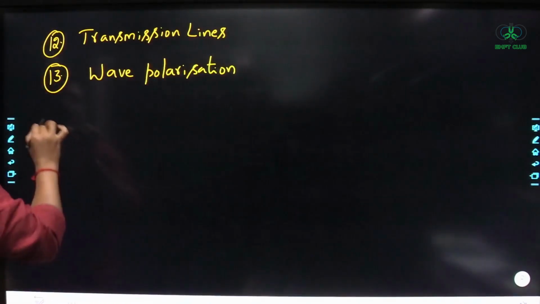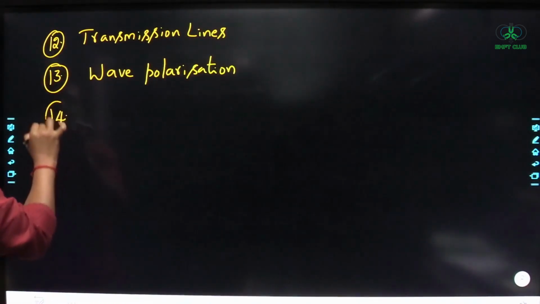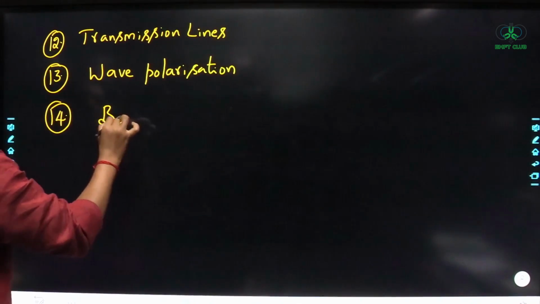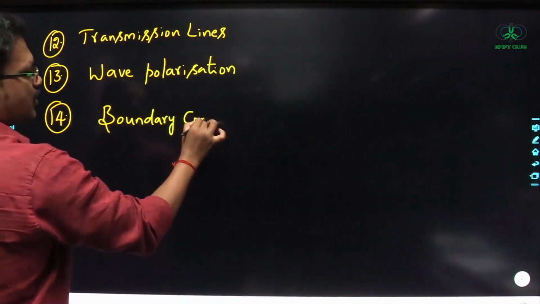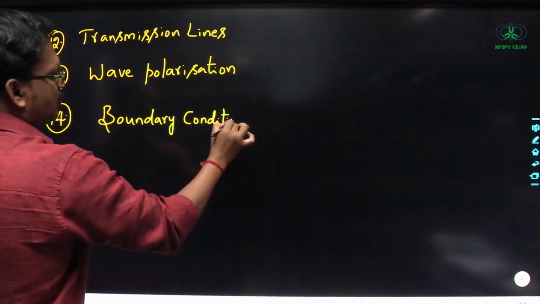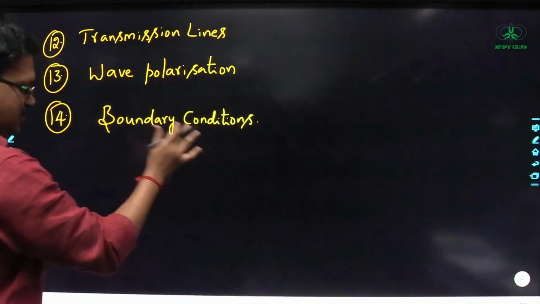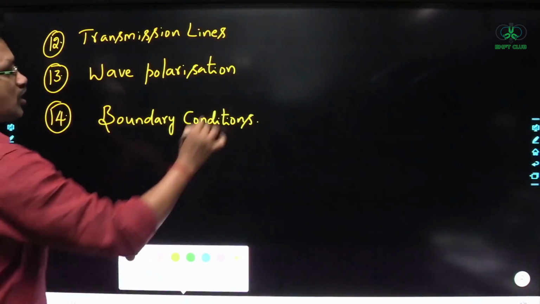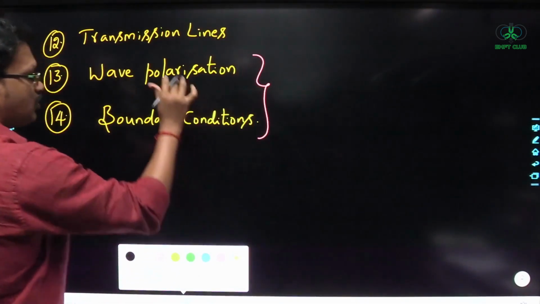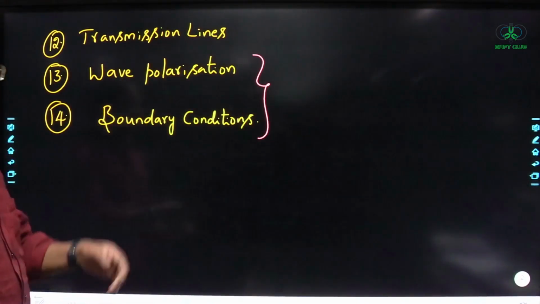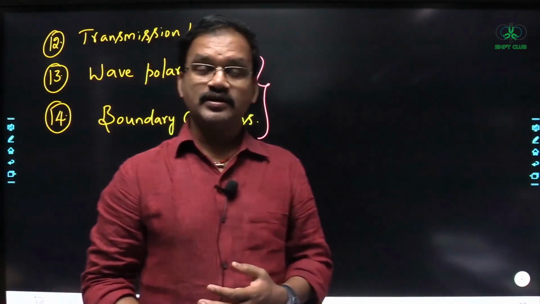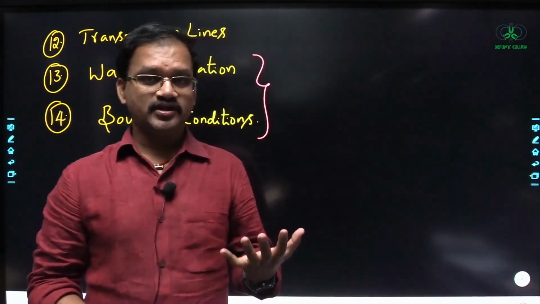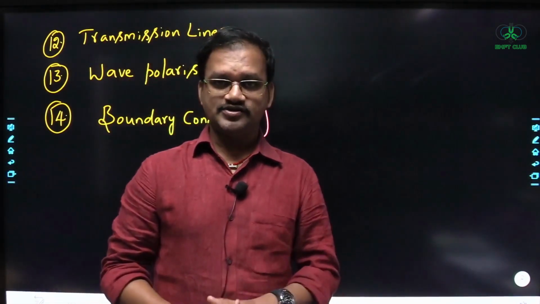Once wave polarization is completed, then we are going to study boundary conditions. See, why I am explaining the boundary conditions here is that these two topics, wave polarization and boundary conditions, are going to play a very important role in understanding normal incidence, oblique incidence and waveguides topic.